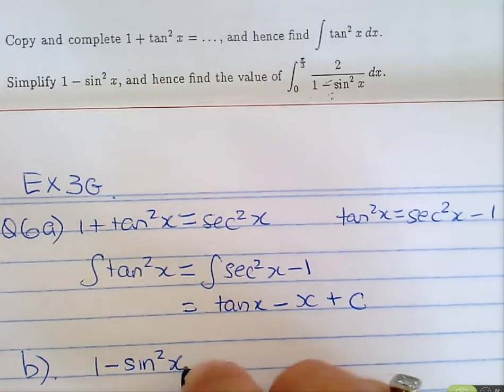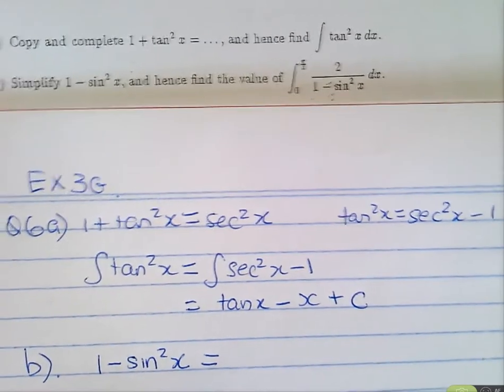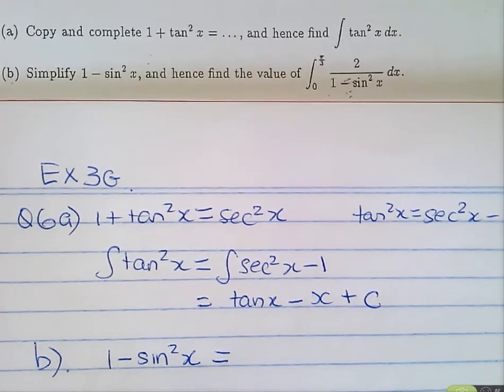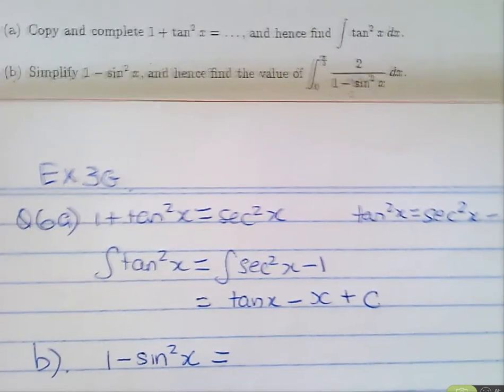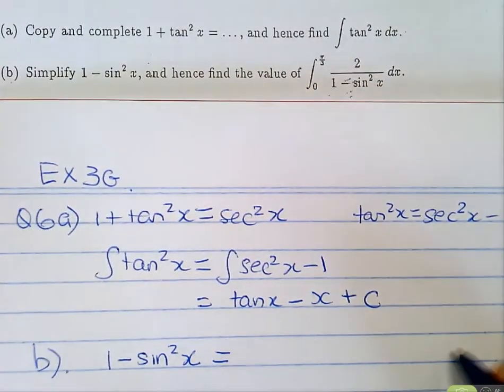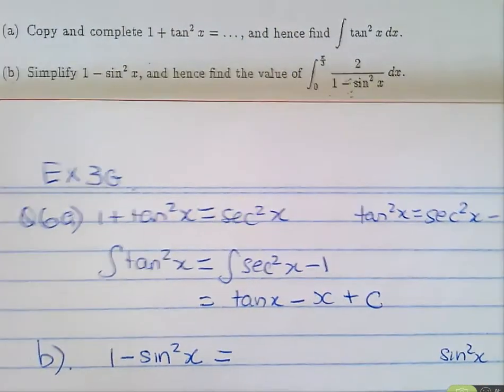So we're doing question b. It says simplify 1 minus sine squared x. This is 2 unit, not 3 unit. All right. Where have you seen sine squared x and 1? You know how 1 plus tan squared x is sec squared x? There's another one. Sine squared x plus, what's the rule?